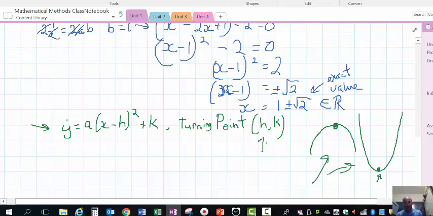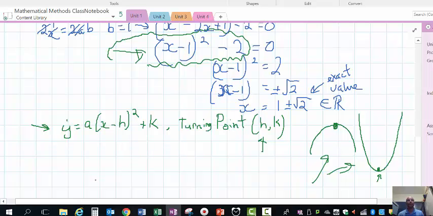And that form's handy because you can identify the turning point, which will be the ordered pair (h, k). So the form is a outside of (x minus h) all squared plus k, and more about that in the next video. But you can see that when you've completed the square, you often get something that's very easy to see that it's in that form. Look at that previous example we just saw.